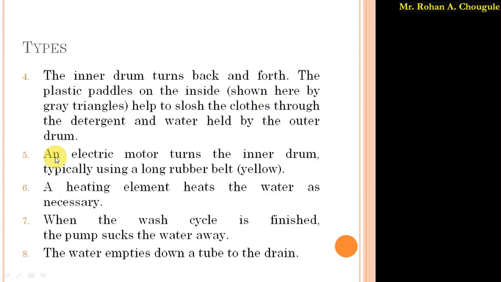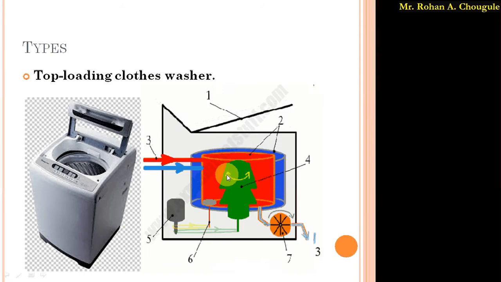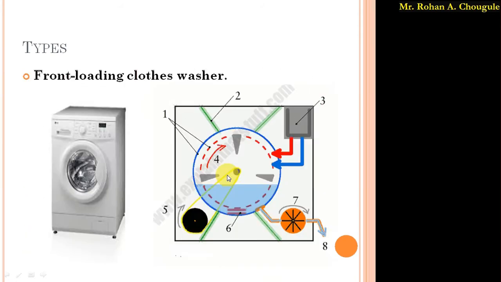Again, the electric motor turns the inner drum, typically using a long rubber belt. So to rotate this inner drum, which is shown by the red dots, electric motors are used. So this is the fifth red circle.